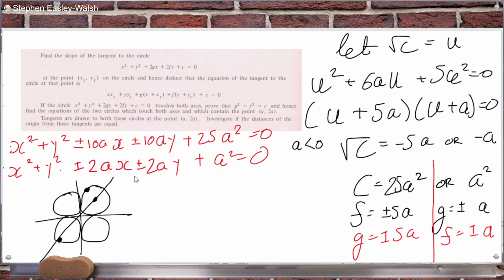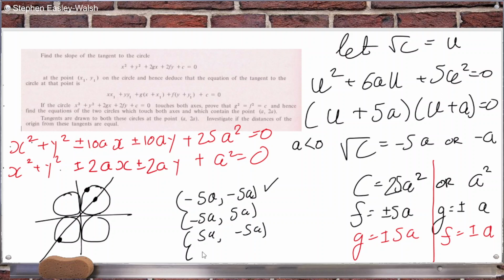So if the A is negative, the centers could be minus 5A, minus 5A, if we take the first one here and the pluses. Then if we take the negatives, it could be minus 5A, 5A, or it could be 5A, minus 5A, or it could be 5A, 5A.